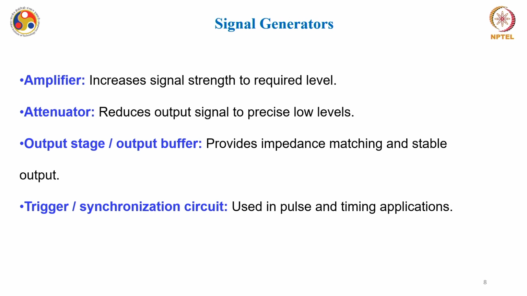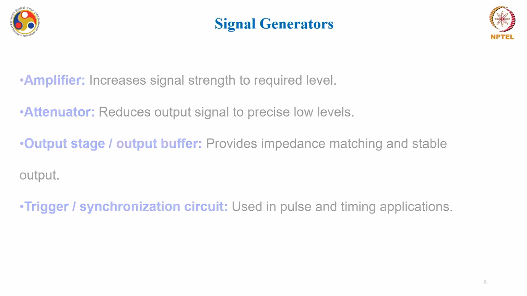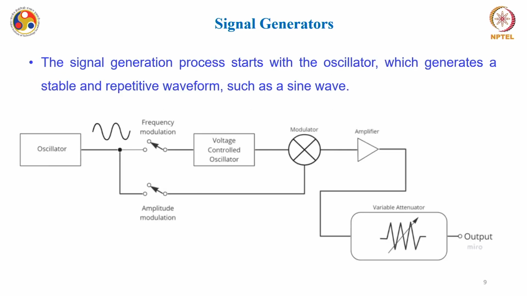They have an output stage or output buffer to provide impedance matching with the next stage, and all of these are triggered together. Mostly it also has a synchronization circuit, which is a kind of pulse generating circuit for timing applications. The signal generation process starts with the oscillator, which generates a stable and repetitive waveform, for example a sine wave.